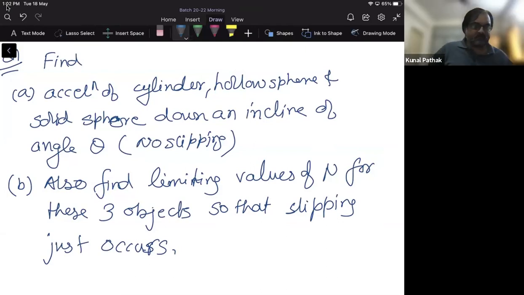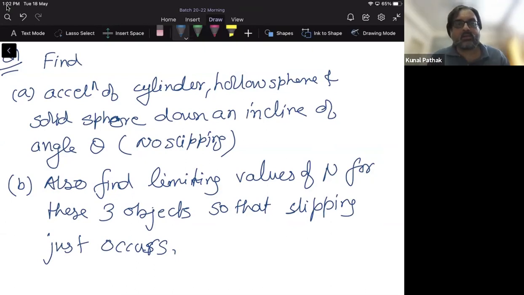Parth, it is solid as well as hollow. Parth, your answer is wrong because we are talking about rolling objects, right? They are rolling down. Their acceleration cannot be the same as objects who are sliding down. Everyone find it, yes, of course the torque of friction will come.